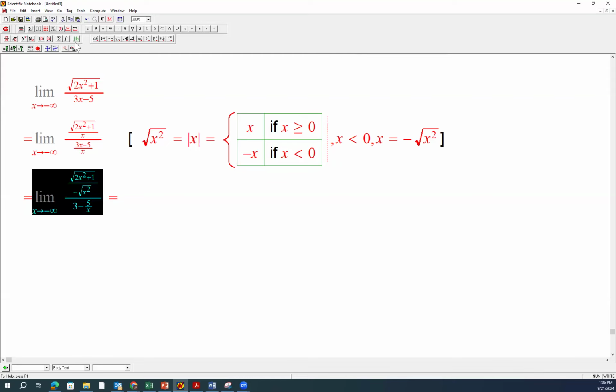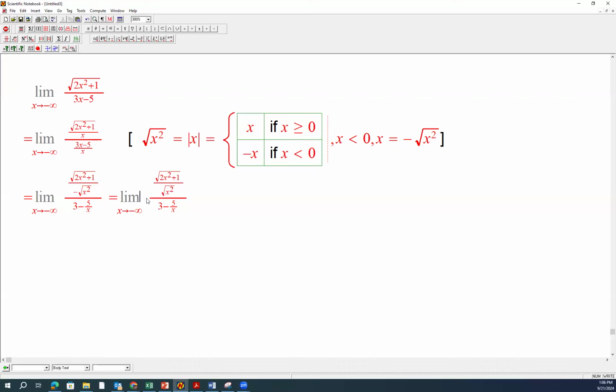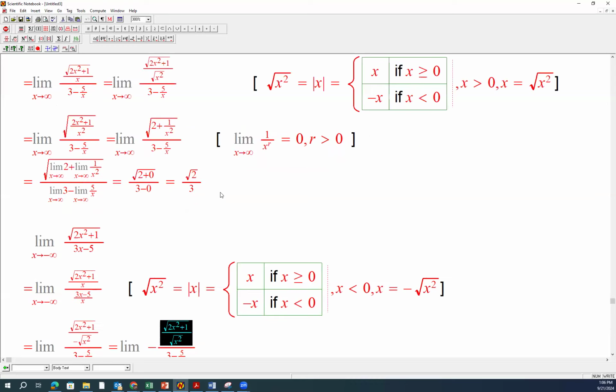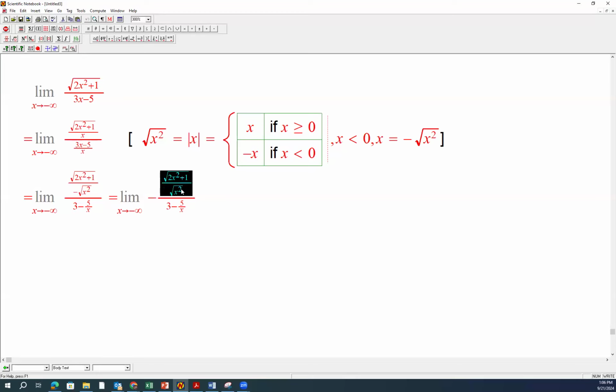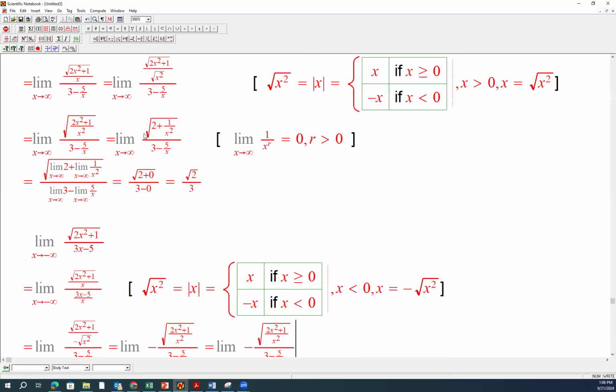And the rest, you can see we generate a negative sign. This negative sign can be placed in the front of the whole thing. And then this piece is exactly the same as that piece, so they're put under the same square root. And then continue, this next step you're going to get over there.